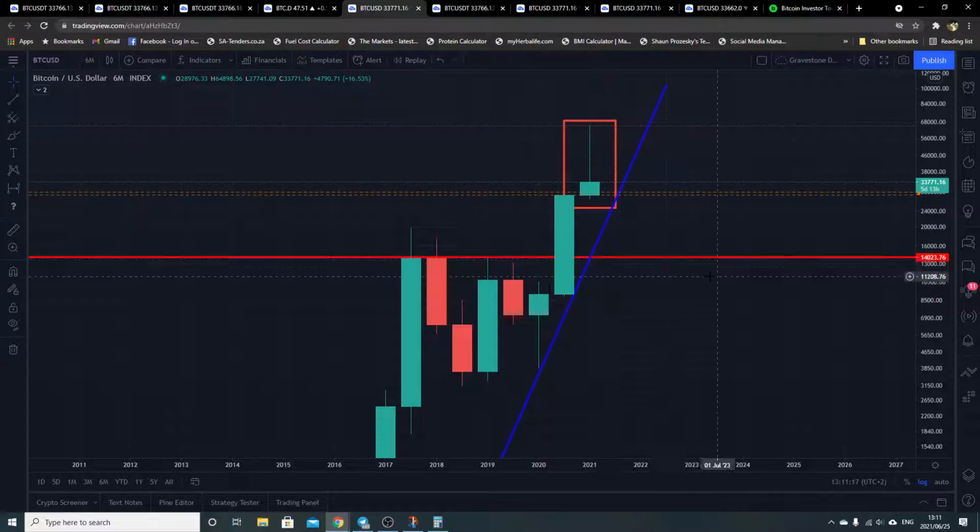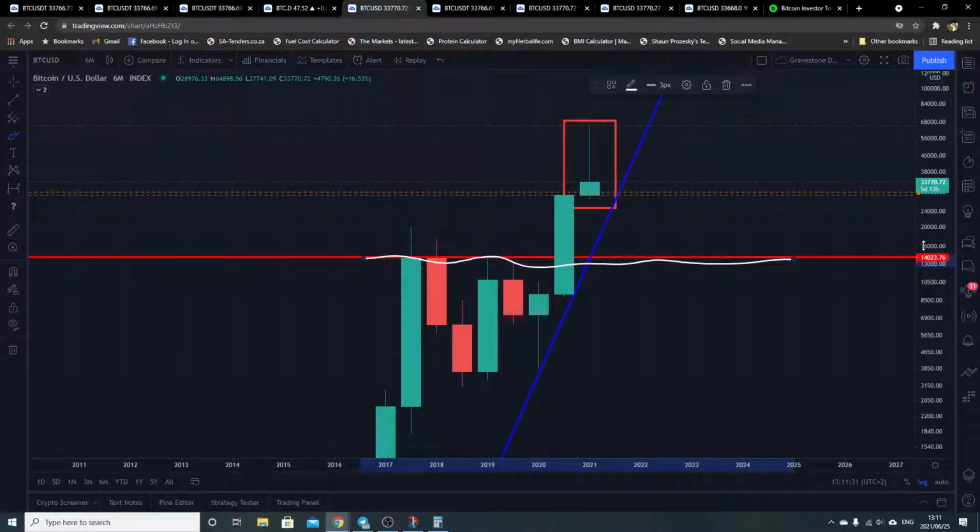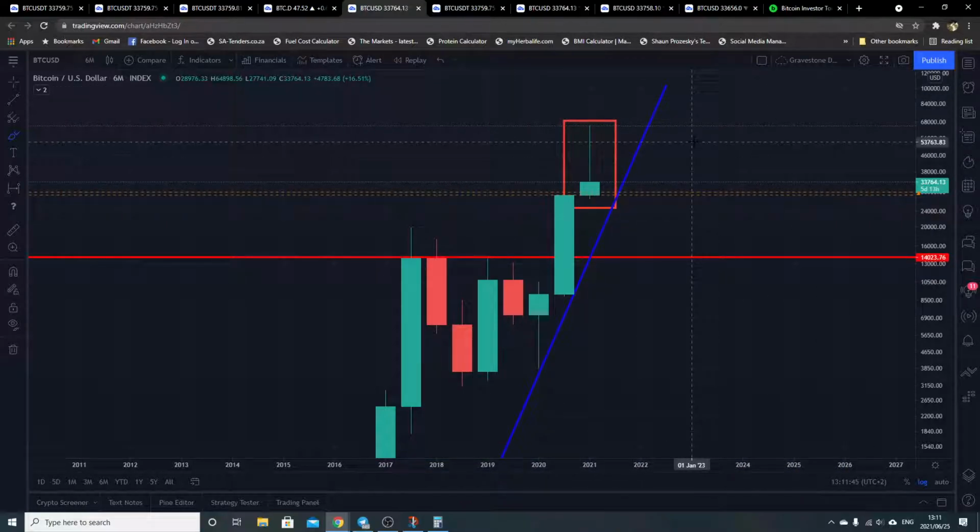Okay, so now the only support on the 6-month index chart is this support line over here, which is a little bit scary. That price is $14,000 a Bitcoin. So let's pray and hope that this doesn't play out and then price does eventually go back up.